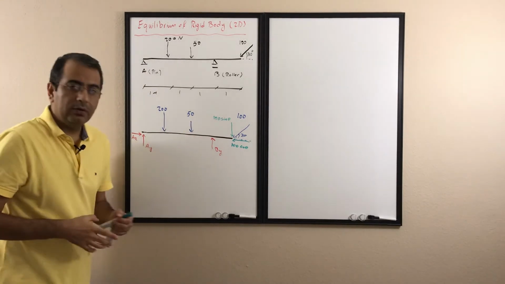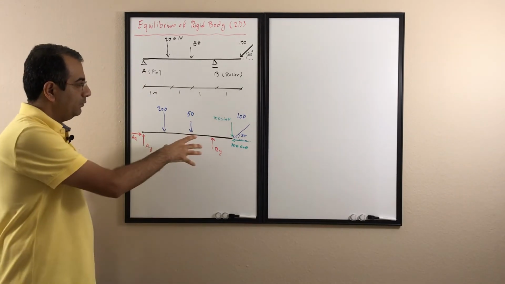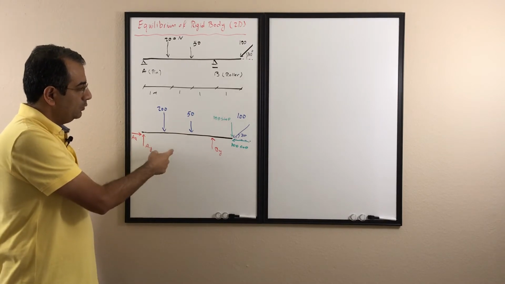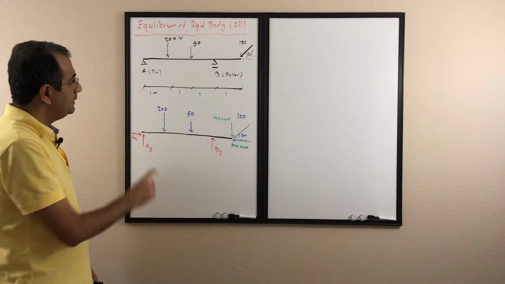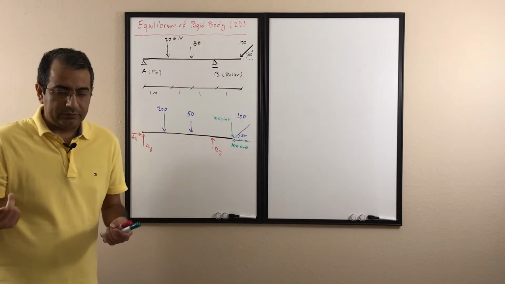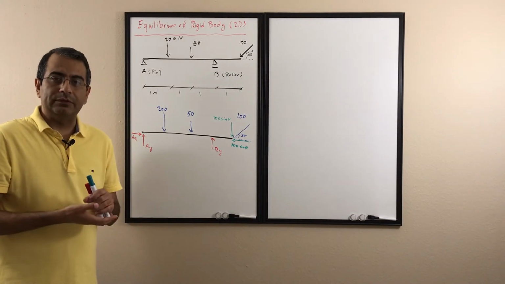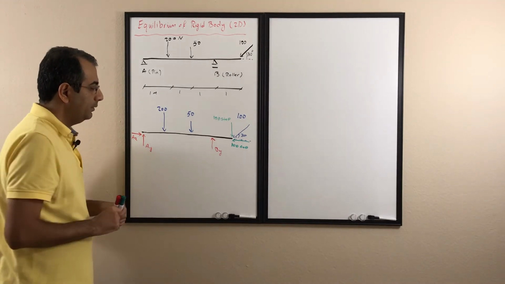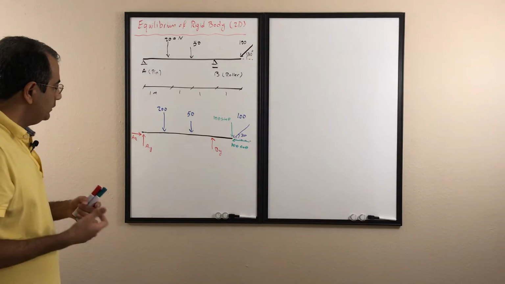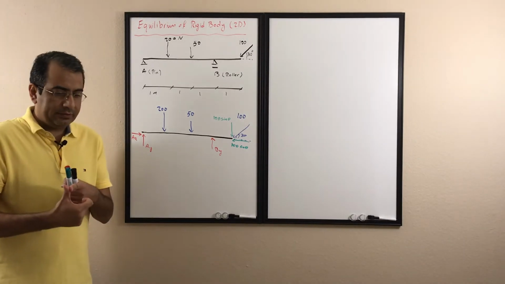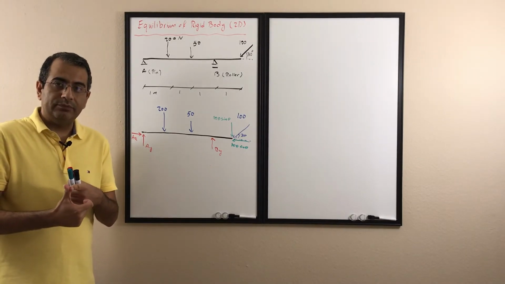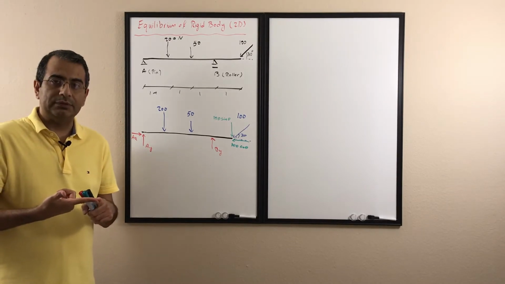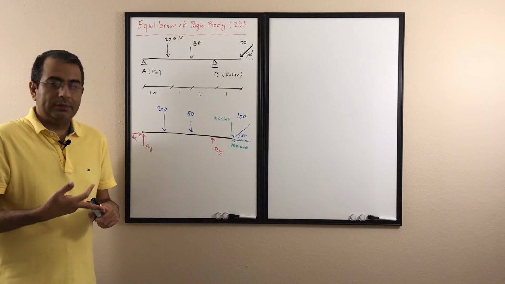Now that we have all the forces in the x and y directions, the next thing we need to do is see which equilibrium equation we need to use to find AX, AY, and BY. I have to see if sigma Fx equals 0 is the best choice for the first equation, sigma Fy, or sigma moment about any point.